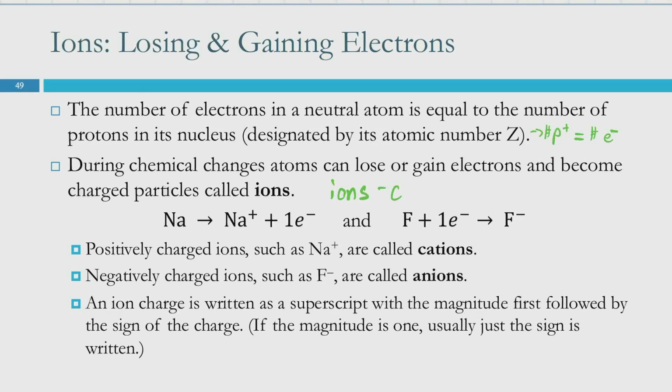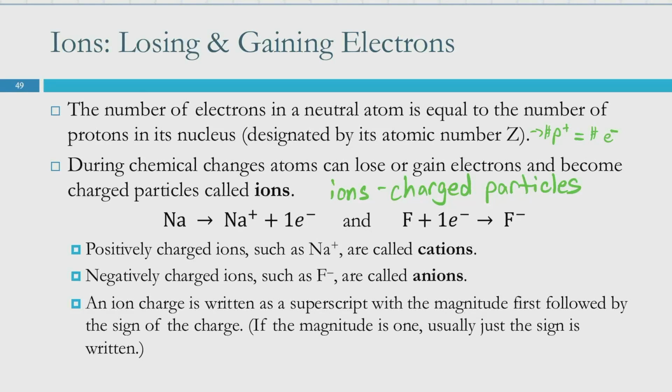So ions are charged particles. They can be negatively charged, they can be positively charged. So for example, sodium can become the sodium ion by losing 1 electron. Fluorine can gain 1 electron to become the fluoride ion. We've got 2 options of charged particles. One is positively charged, the other negatively charged.